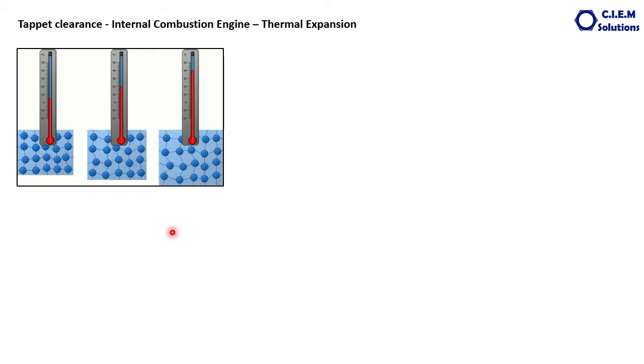Friends, before talking about the tappet setting or the valve setting, let's have a brief look at the effect of heat on metals, how metals behave when their temperature changes. Look at this figure. The blue one is the metal at different temperatures.